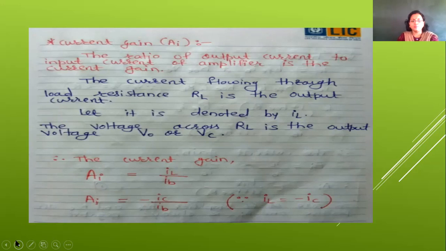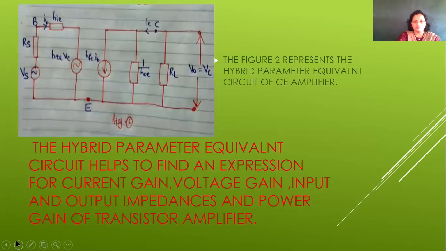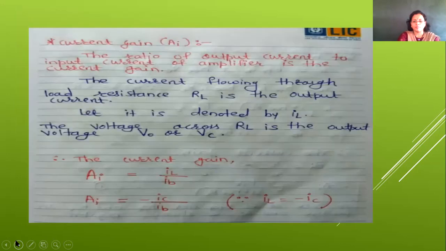Therefore, current gain AI is equal to output upon input. So the output current is IL and the input current is IB. So AI is equal to minus IC upon IB, because IL is equal to minus IC in this diagram. We take this value from the diagram.